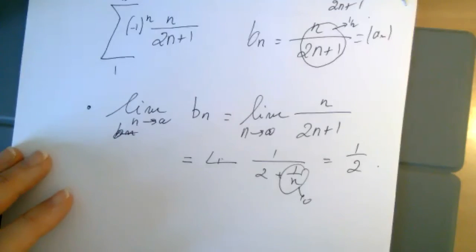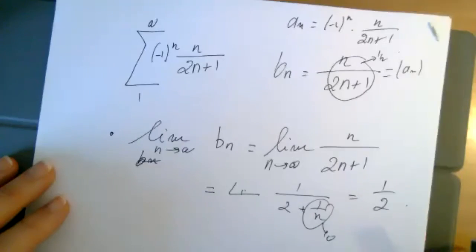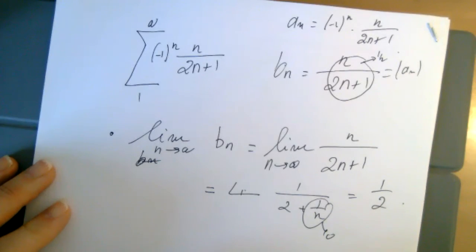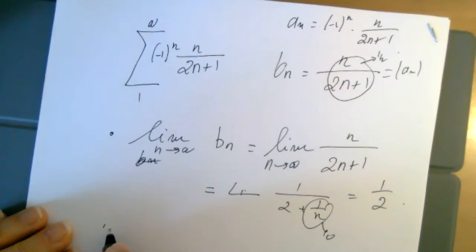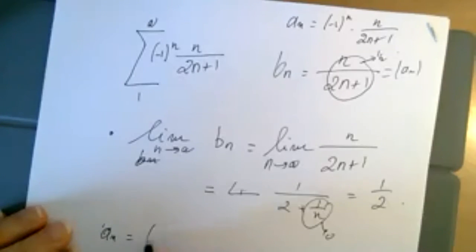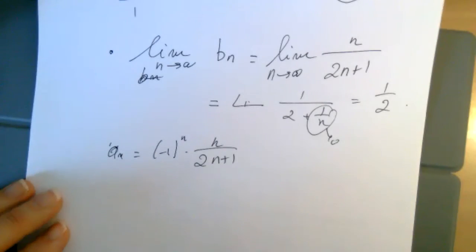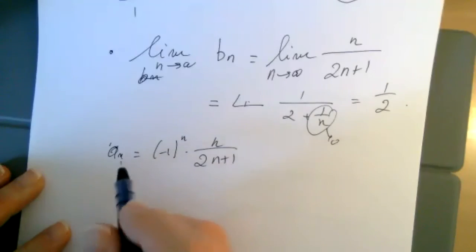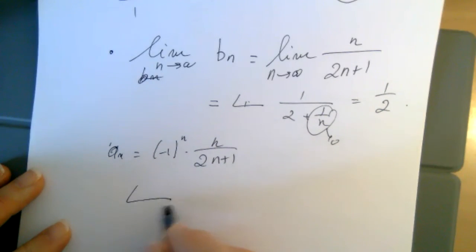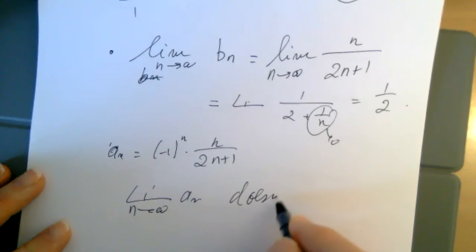So what does this mean? Does it converge or diverge? If the bn converge to 1/2, it means the terms of the series themselves diverge. If I take the original series, minus 1 to the n times bn, as n goes to infinity, the limit of an does not exist, period.